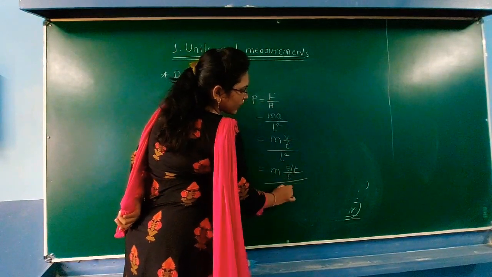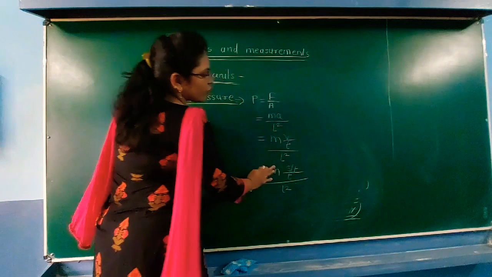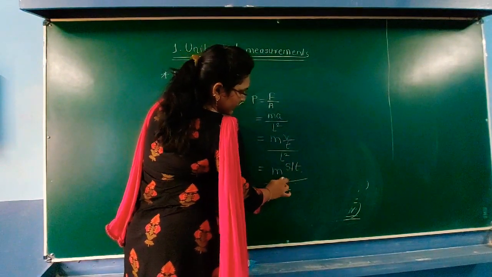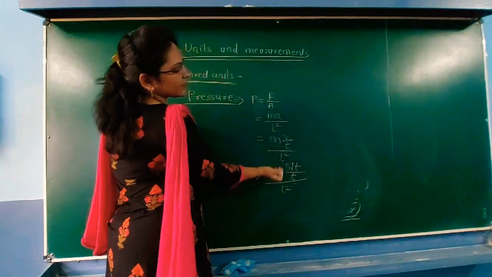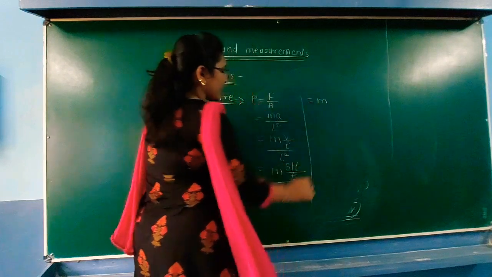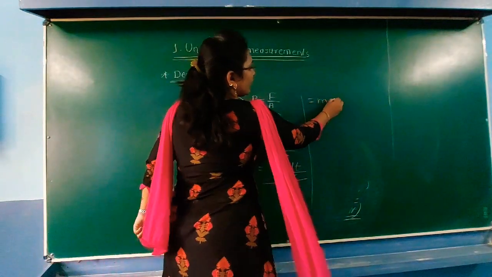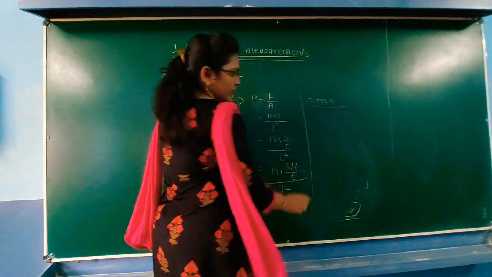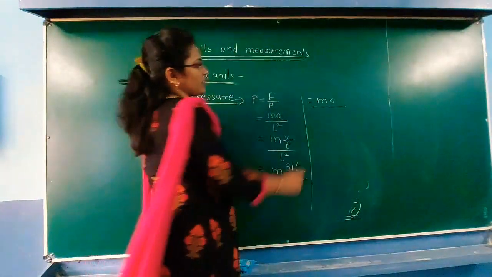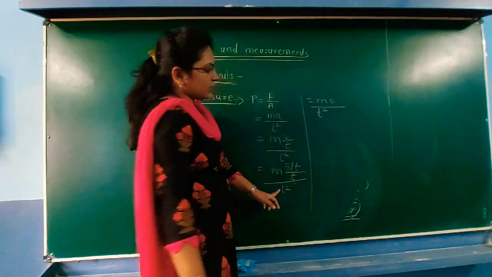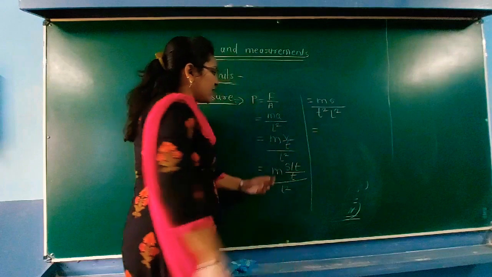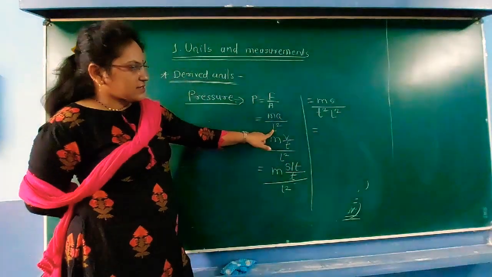And upon L square. See what we have written here: M into S by T upon T, divided by L square. So now it will become like this: M into S remains in the numerator, and T square goes to the denominator, and here there is an L square. See, mass into acceleration upon L square.